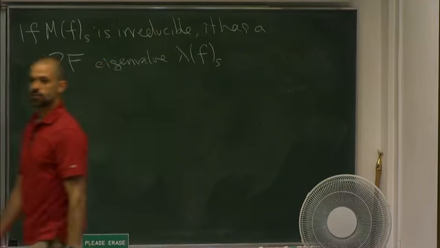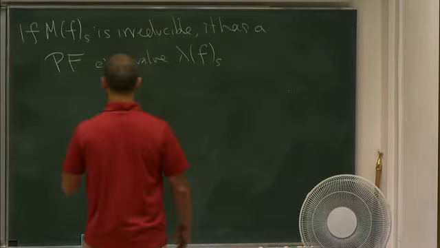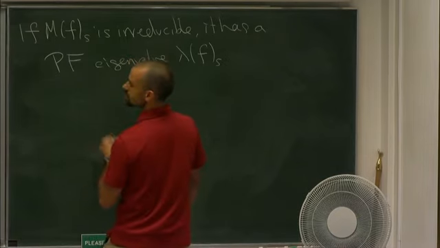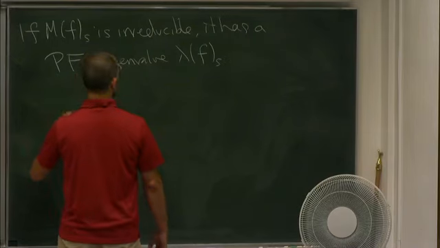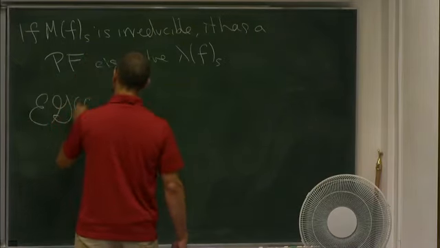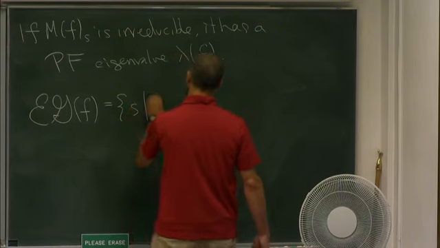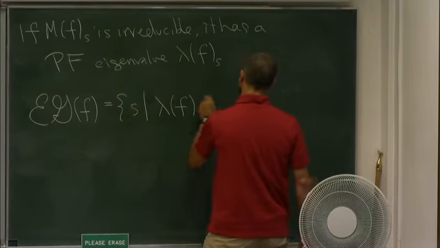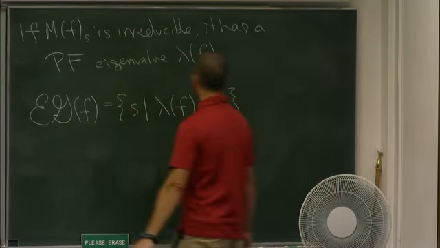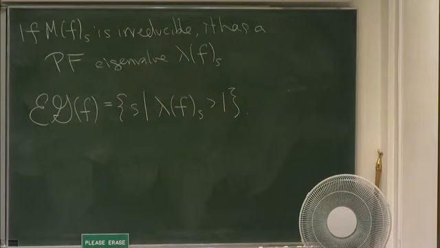Okay, so that's just the Perron-Frobenius eigenvalue for that matrix. And I want to just look at the ones that have eigenvalue greater than 1. So e.g. of f is just the indices where that eigenvalue is greater than 1. Okay, so these are the exponentially growing strata.